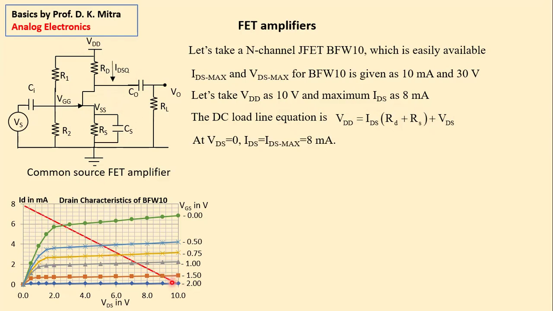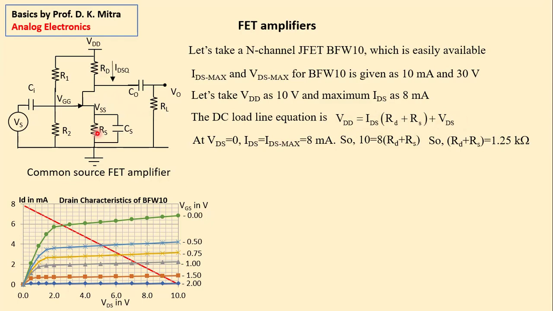Now, at VDS equal to 0, IDS is maximum, and we have already decided the maximum IDS is 8 milliampere. So in this equation, when this is 0, this is 8 milliampere, and this is selected to be 10 volt. So what is RD plus RS? It is 1.25K. These two together are 1.25K.